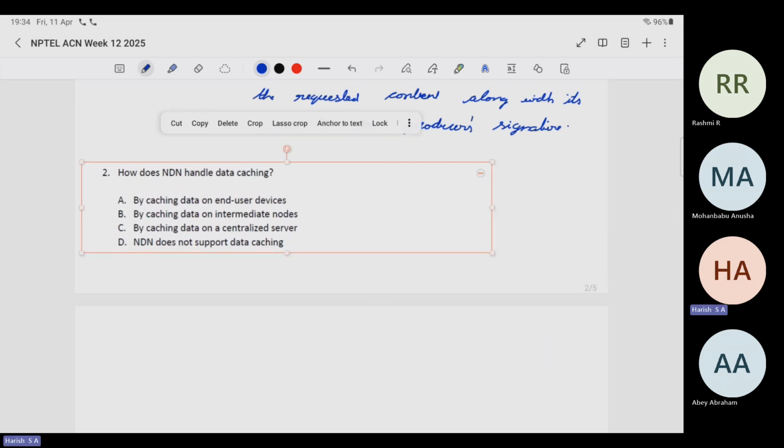So how does NDN handle data caching? What is data caching?